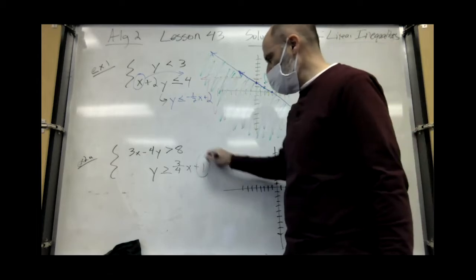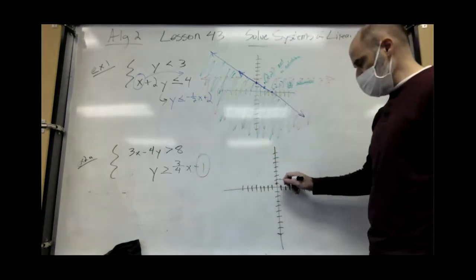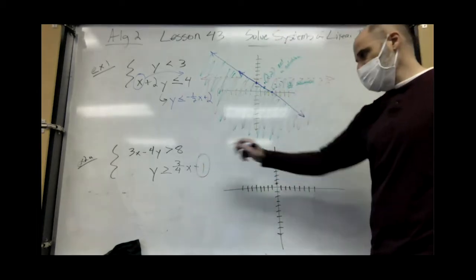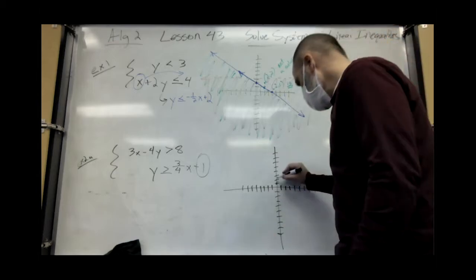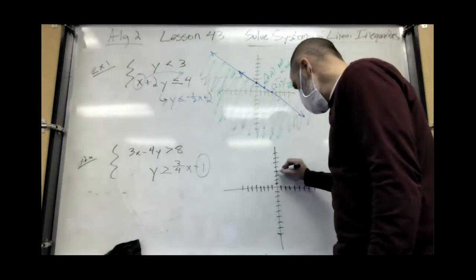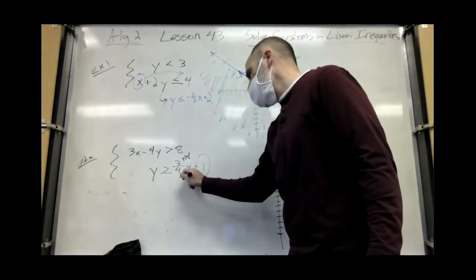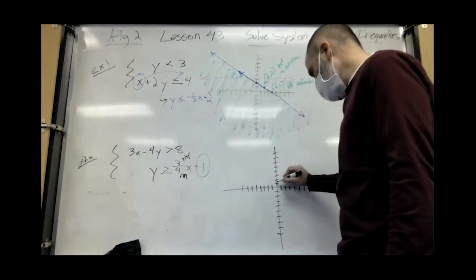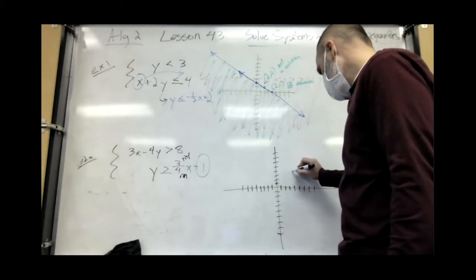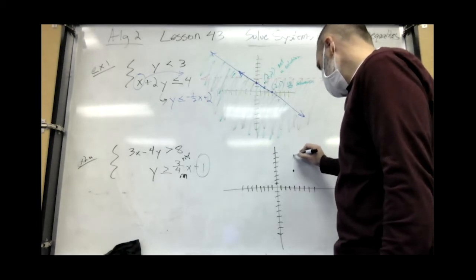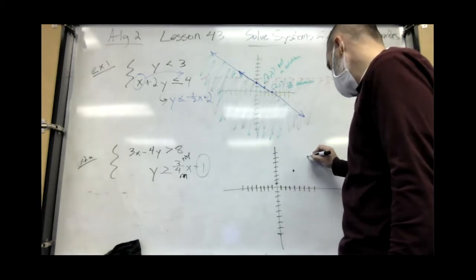So remember, that constant is the intercept on the y-axis, and then 3/4, up 3 over 4. This is rise, remember, and this is run. So we're going to rise 3 and run 4. 1, 2, 3 over 4.